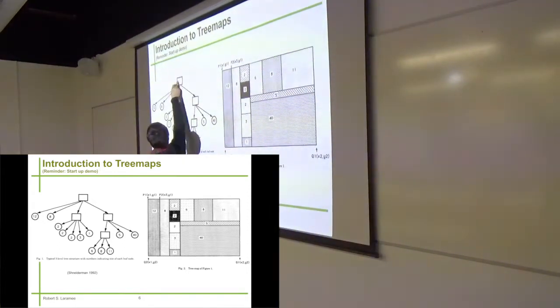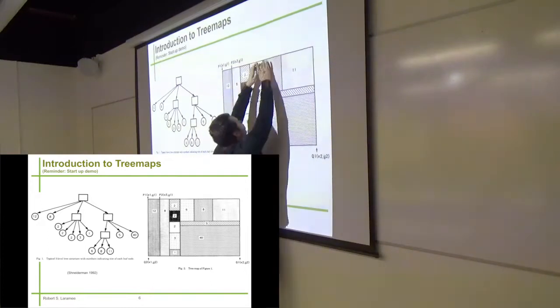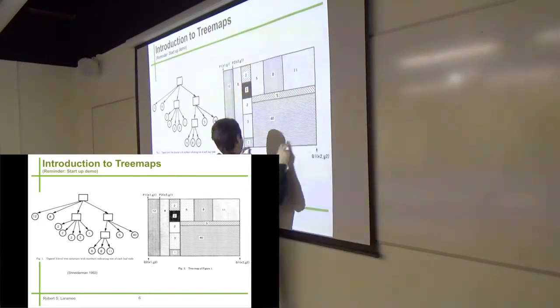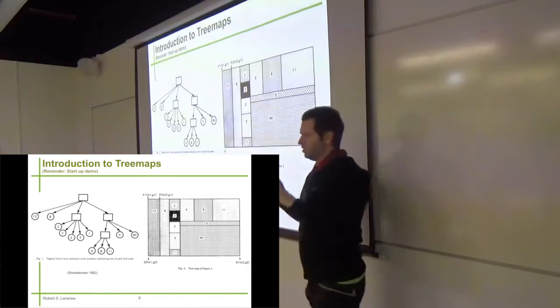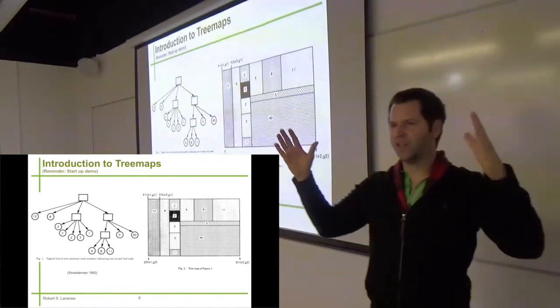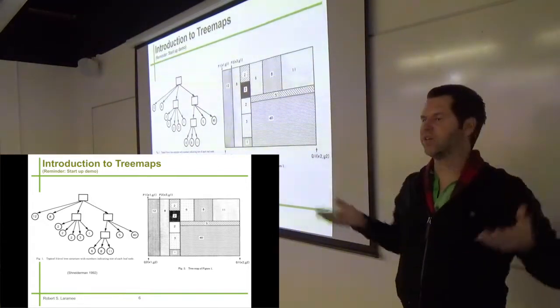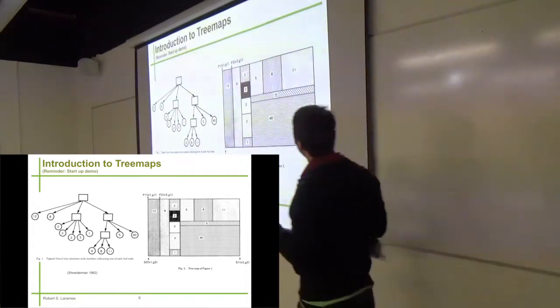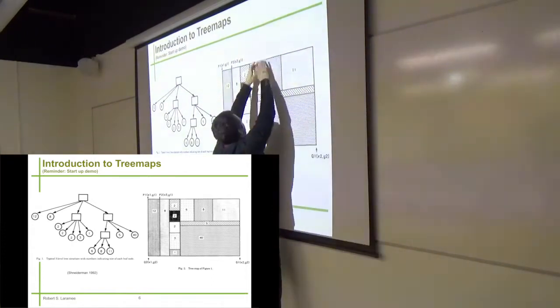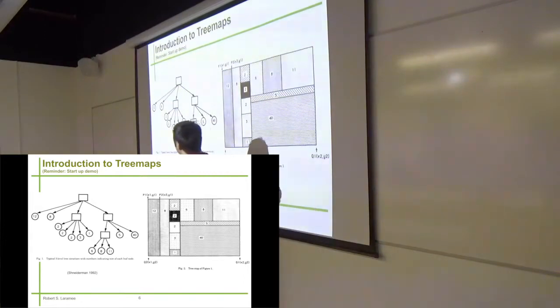So this is our root node of the tree map, and that root node is mapped to this whole rectangle here. So it's called a space-filling approach to hierarchical data representation. We can take the whole screen and map it to a rectangle, and that's the root node.